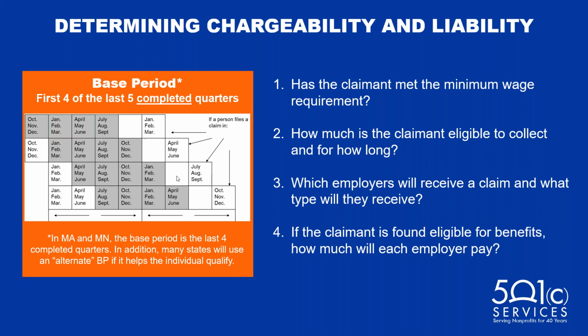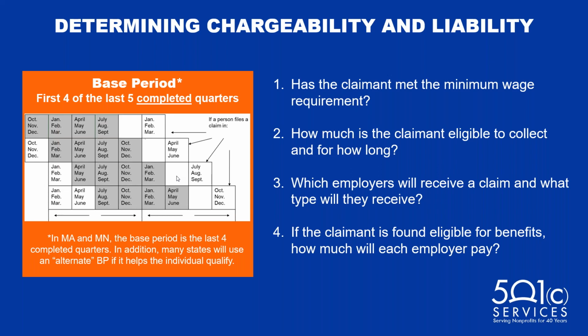Now, what is the purpose of the base period? What are they using this information for? First, it's going to tell them whether the claimant has met the minimum wage requirements in your particular state to qualify for unemployment. They had to have worked long enough and earned enough wages in order to be eligible. Then it's also going to tell them how much the claimant is eligible to collect, if they're eligible, and for how long.